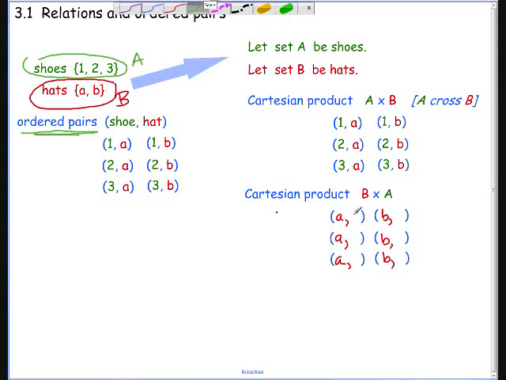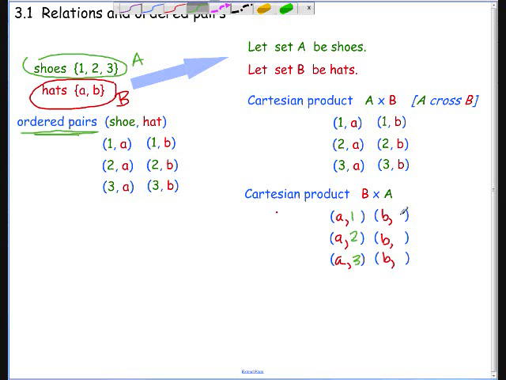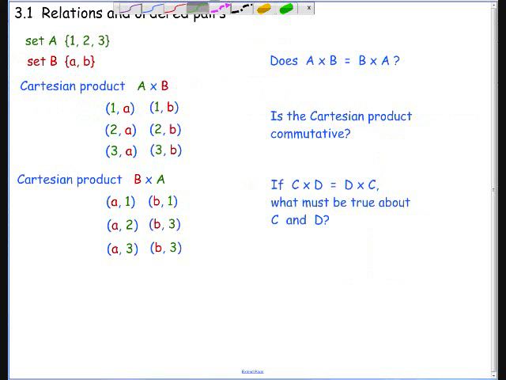And then the second piece would be the members of set A. Okay, so this is what we just did. A cross B, and then we looked at B cross A. So the product looks different.